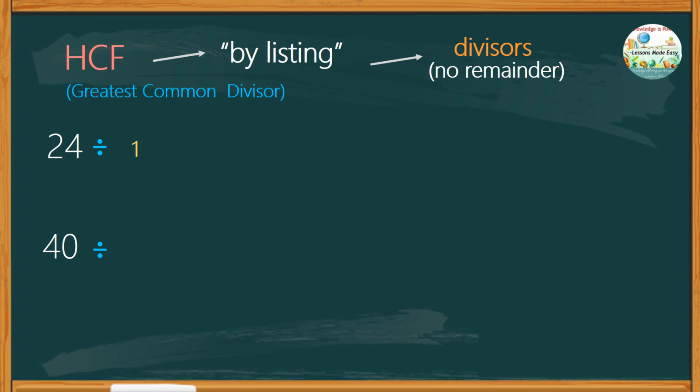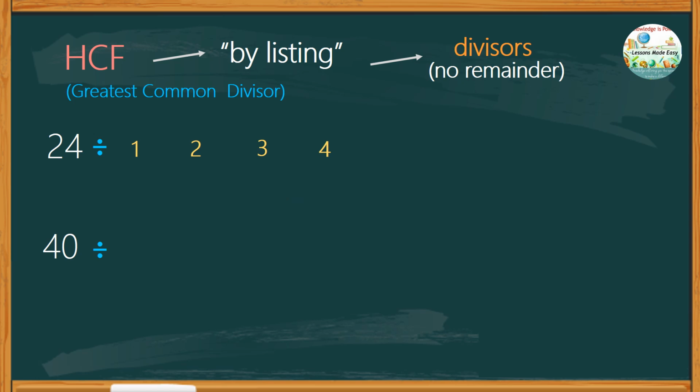Let's start with 1. 24 divided by 1 equals 24 with no remainder. 24 can also be divided by 2, by 3, and by 4 with no remainder. How about 5? If we divide 24 by 5, we'll get 4 remainder 4.